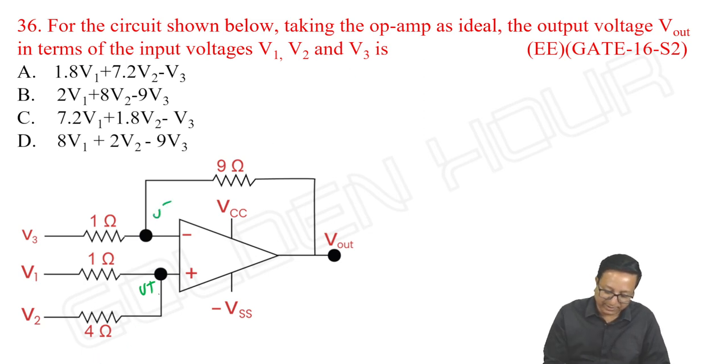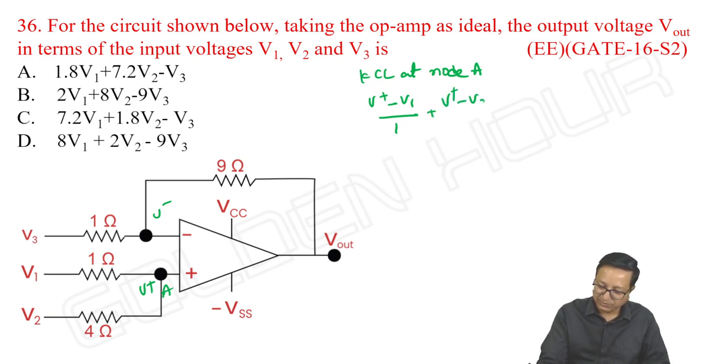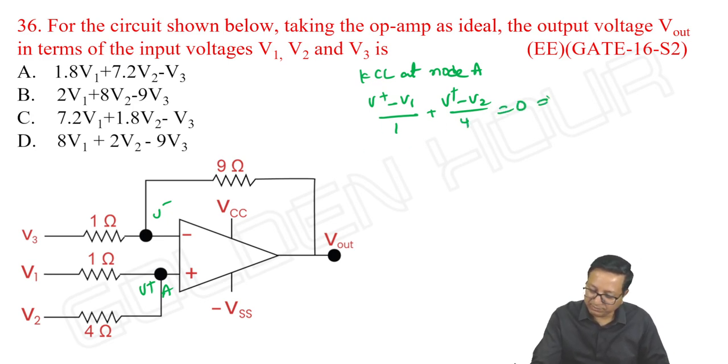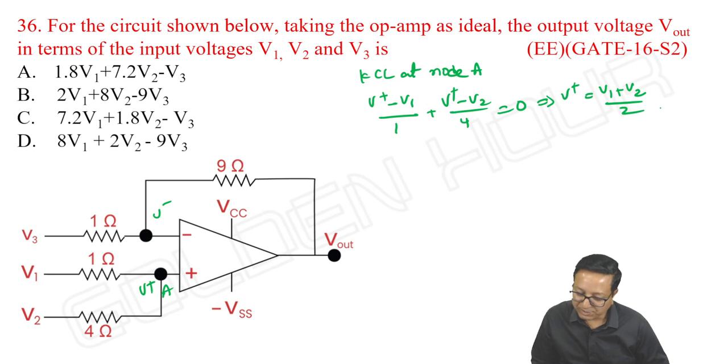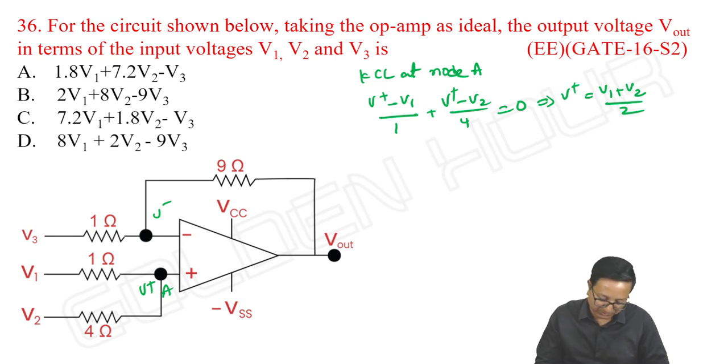So KCL at node A. V plus minus V1 by 1 plus V plus minus V2 by 4 is equal to 0. So what is V plus from this? It is V1 plus V2 by 4.